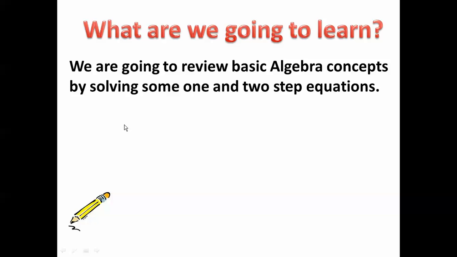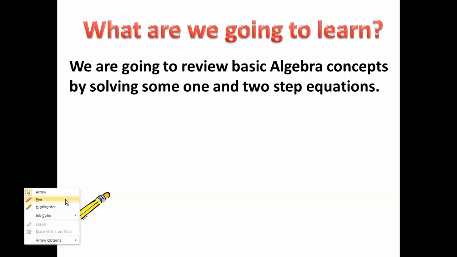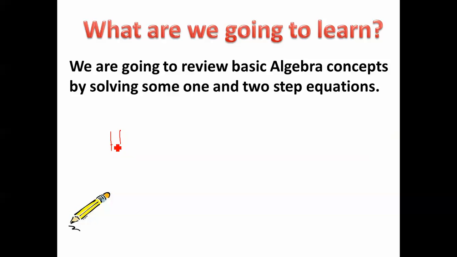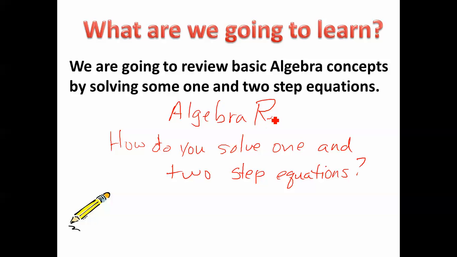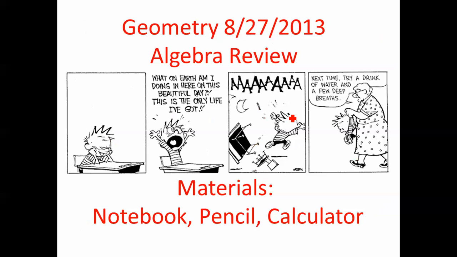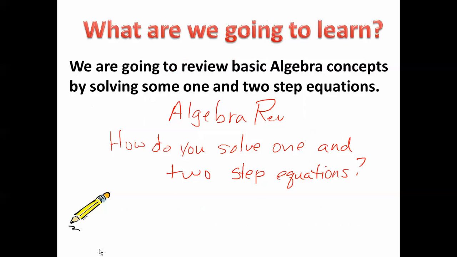So your question might be, how do you solve 1 and 2 step equations? So there's your question, and your title, I said, was Algebra Review. So this would be the title and your guiding question at the top. Algebra Review.